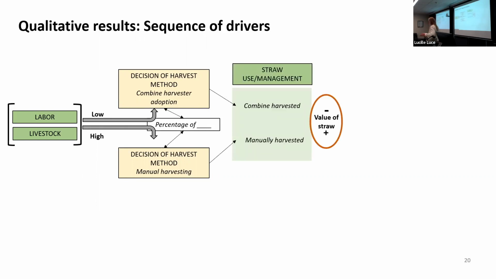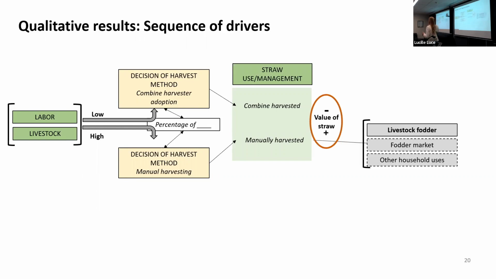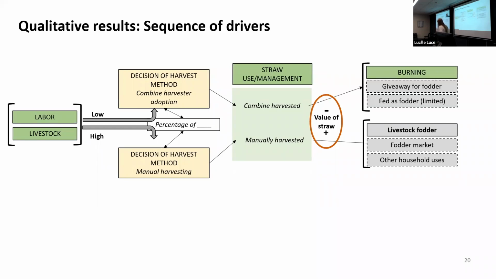The harvest method is really key to determining the value of straw. If it's manually harvested, the straw maintains value as fodder or for other household purposes as well. But if it's combine harvested, the primary pathway is burning; it's really viewed as a waste product unless it's fed as fodder.